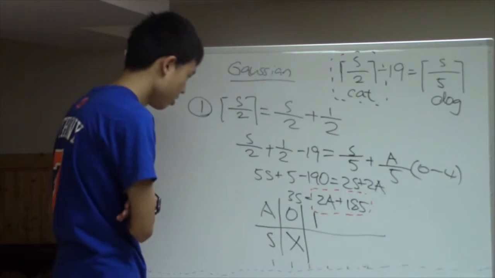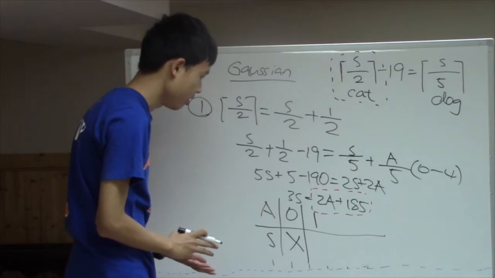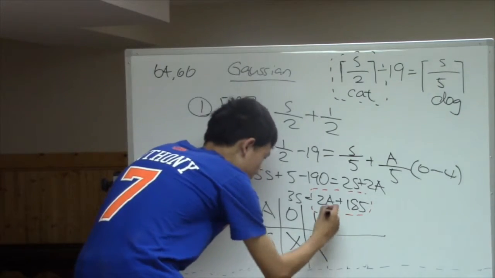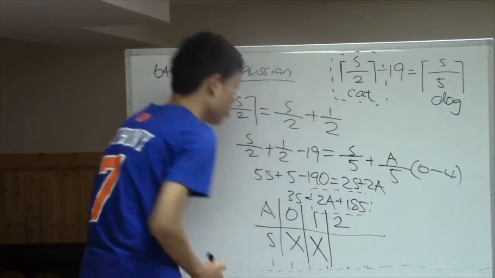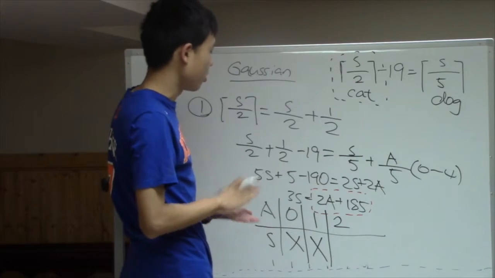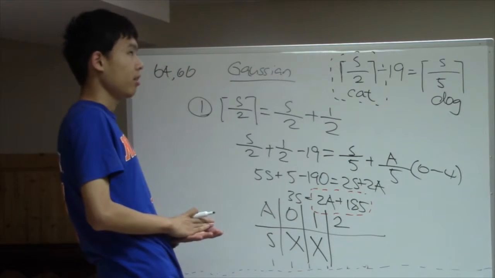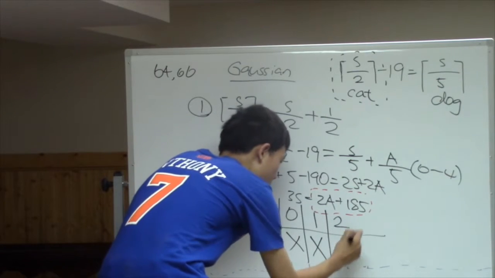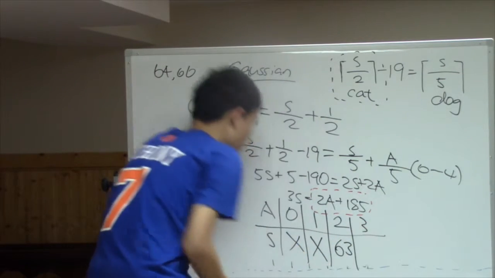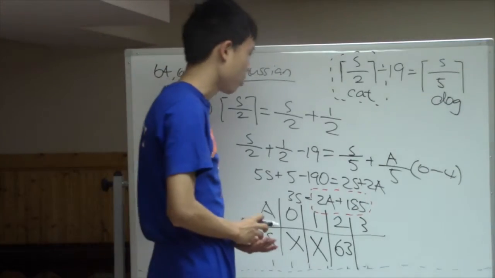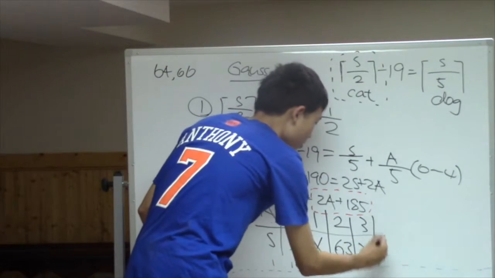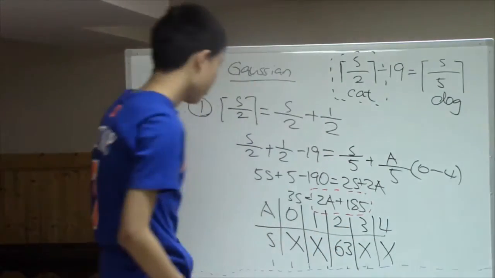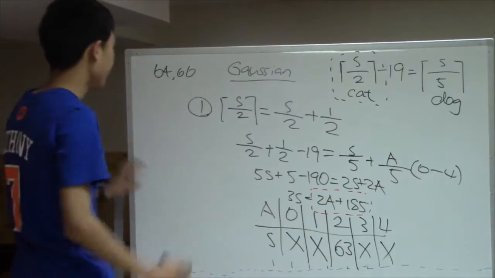When A is 1, 187, no integer solutions. When A is 2, 189, that is divisible by 3, and S is 63. For A equals 3, 191, no. A equals 4, 193, still no. So for the second case, we get 63.